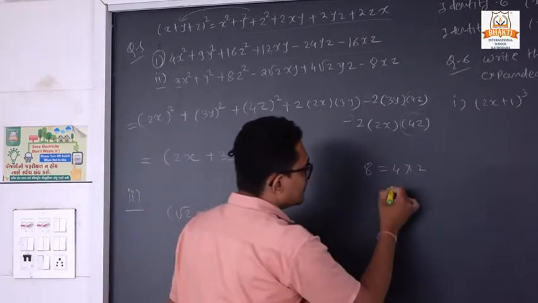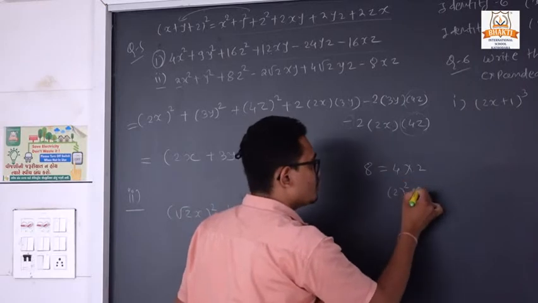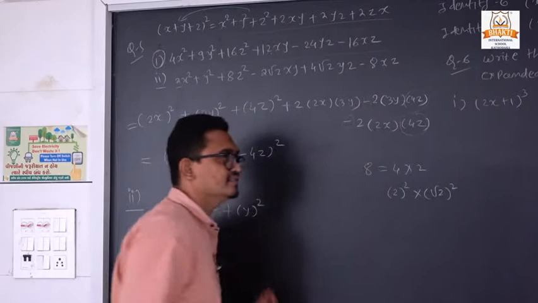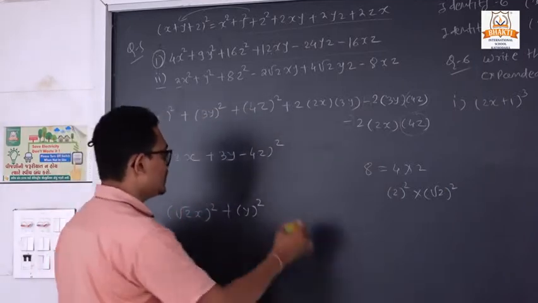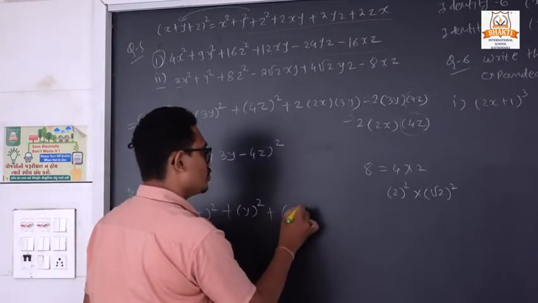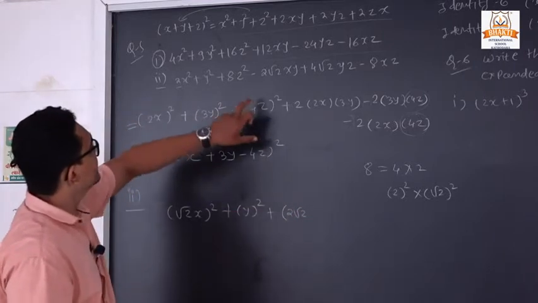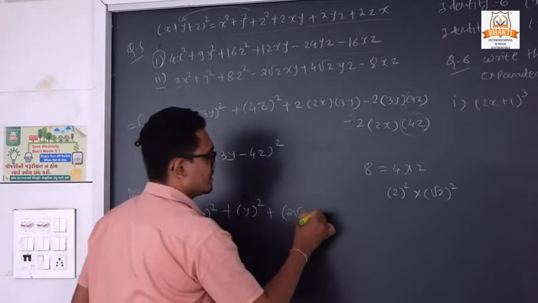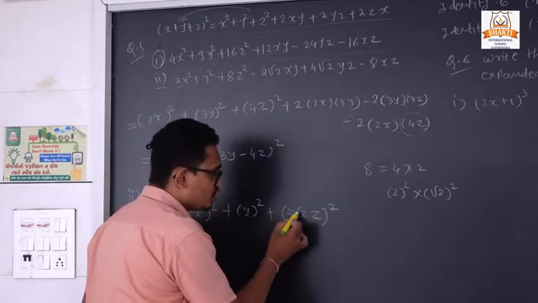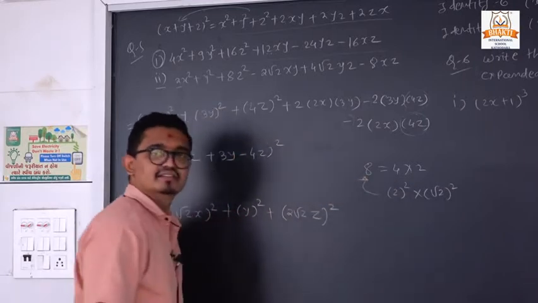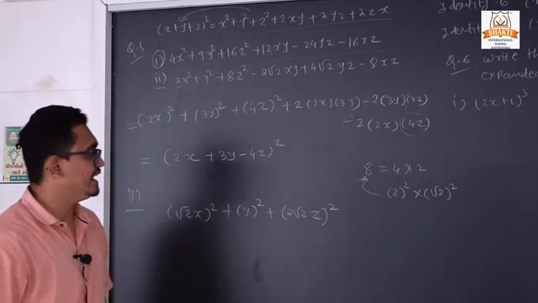So 4 means 2 all square, and 2 means root 2 all square. So it means 2 root 2, and then z all square, because 2 root 2 all square will be 8. Clear? It will be 8.